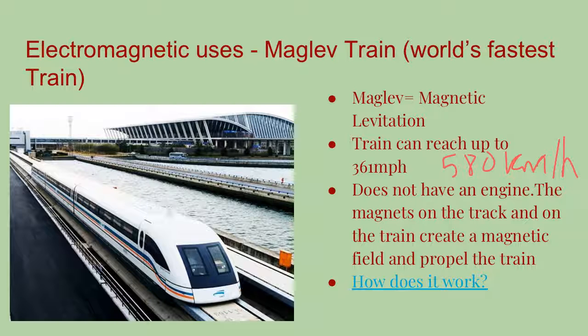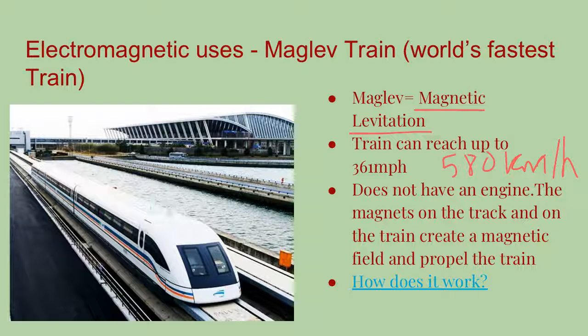Maglev stands for magnetic levitation, which is what the train uses to go so fast. And by levitating, it actually decreases the friction. So it's reducing the amount of force from friction, and then that increases its speed. It doesn't need as much force to be able to travel as fast.